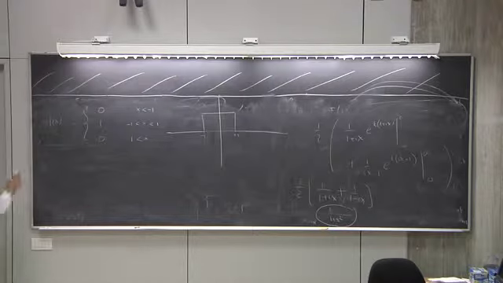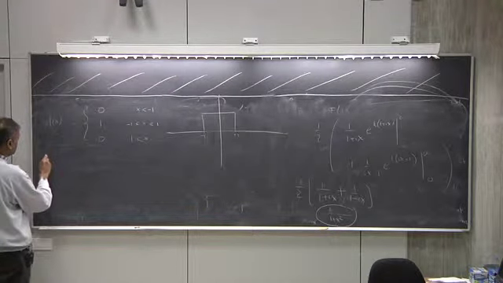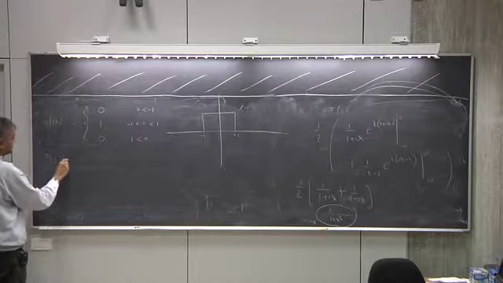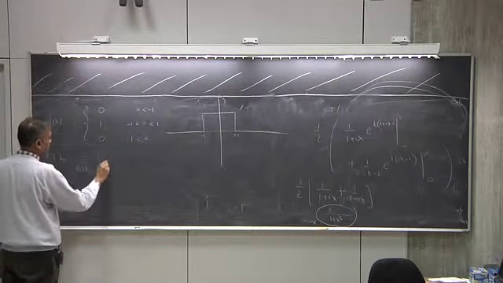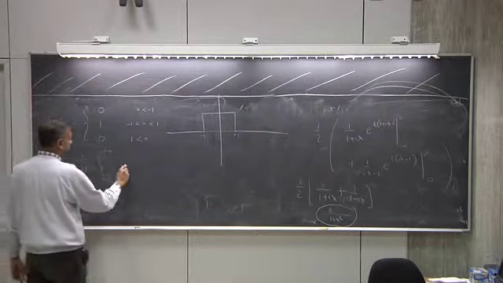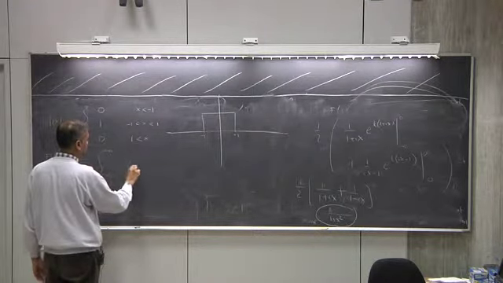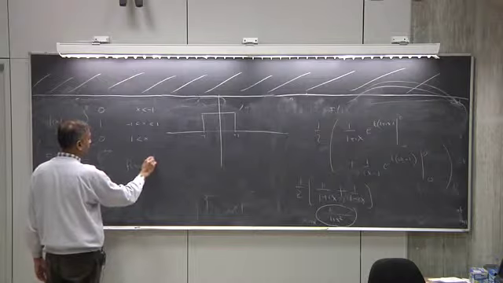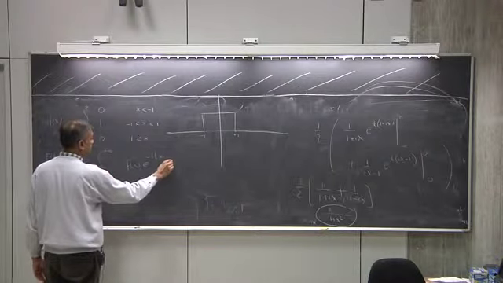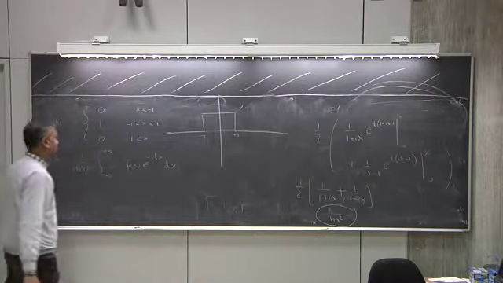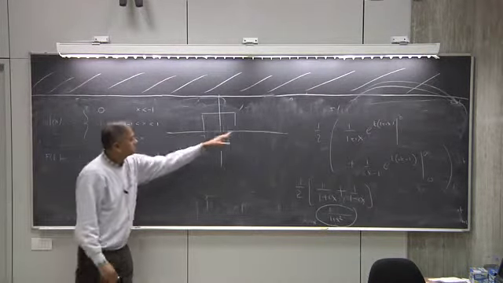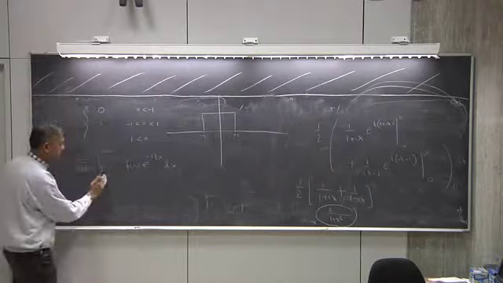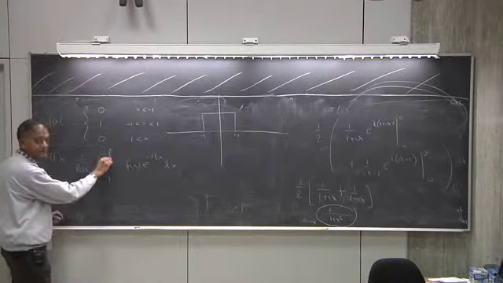So let's again compute f of t, which is 1 over root 2 pi, minus infinity to plus infinity, f of x e to the power of minus i t x dx. As I said, since f of x is 0 in this region, effectively this integral just simply becomes minus 1 to 1, right?